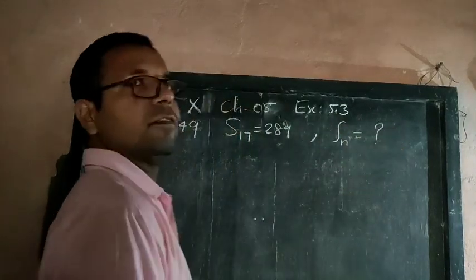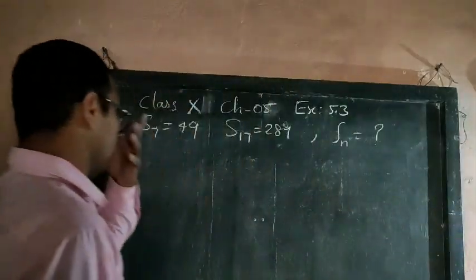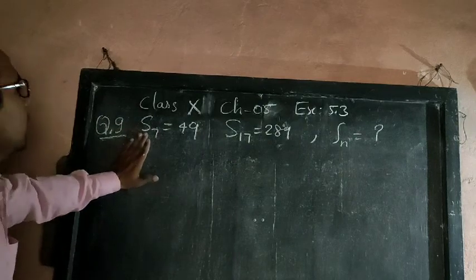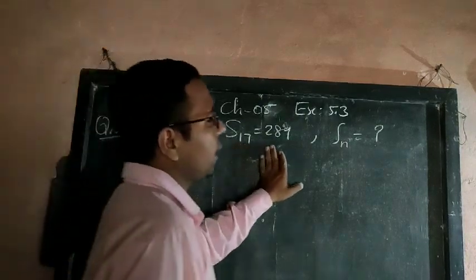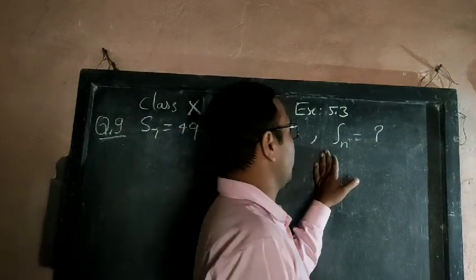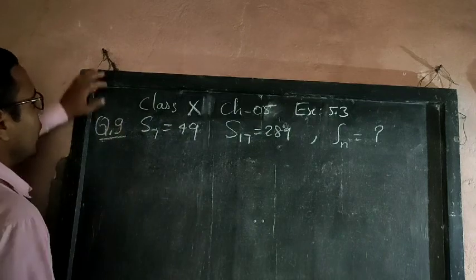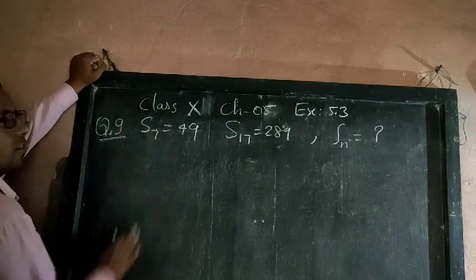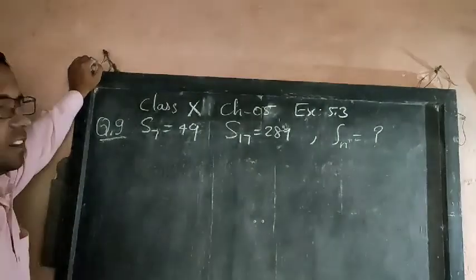Sum of n terms. So now students, let's see how we can solve this question. Generally it is given here as S7 is 49 and S17 is 289, and we have to calculate here Sn. Now what we can do here, S7, the formula as we know, n by 2 into (2a plus (n minus 1) into d).